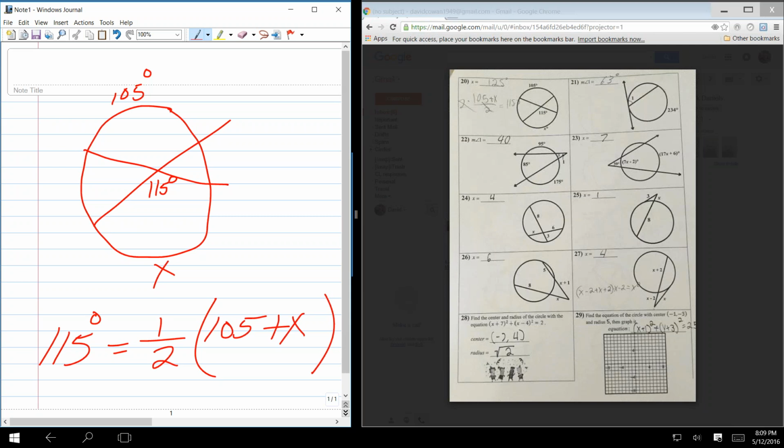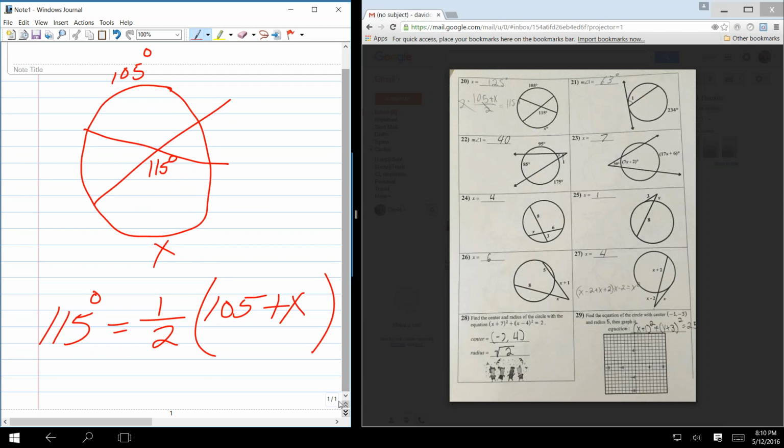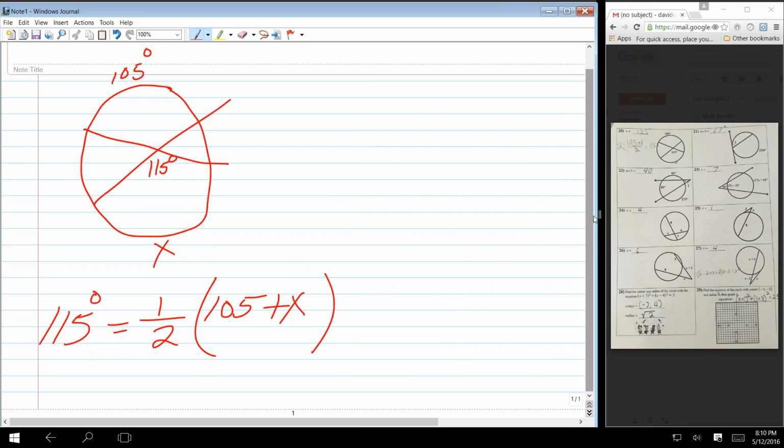Let's solve that. So 105 divided by 2 is... no, let's not do it that way. Notice why. Our first goal is to get rid of all the fractions. If we can turn this into nothing but whole numbers, it's a much easier problem. So we can multiply by 2 on each side. I've got two choices: I can either multiply both sides by 2 or distribute the 1/2.